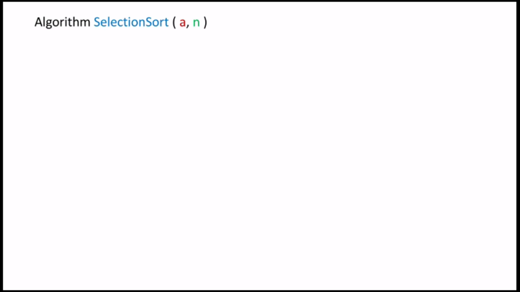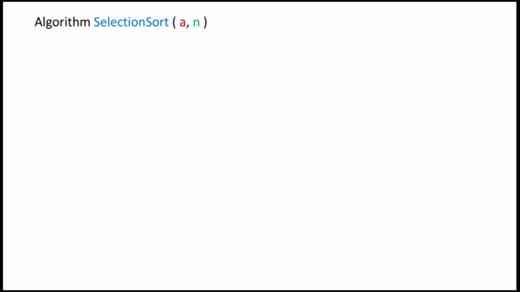Here we have used two parameters, that is A and n. A is for the array where the list of numbers will be saved, and n indicates the number of elements present in the list.